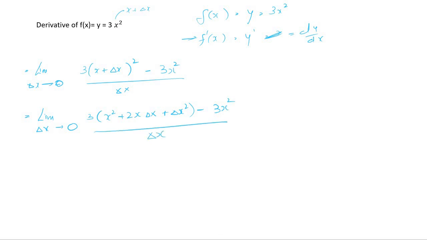So we see that we have a plus 3x squared. We'll expand this further to make that clear. Delta x tends to 0.